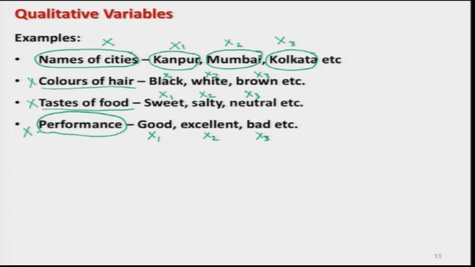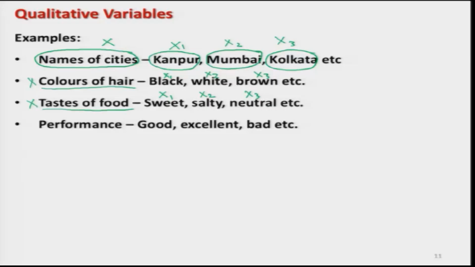I can understand them, I can observe them, but I cannot quantify them unless I say that a student in the excellent category is better than students in the good and bad categories. Or if a student is in the good category, then he will be considered better than the student in the bad category. Unless I make these types of rules, which try to denote a quantitative way, up to that point the variable will remain only a qualitative variable.